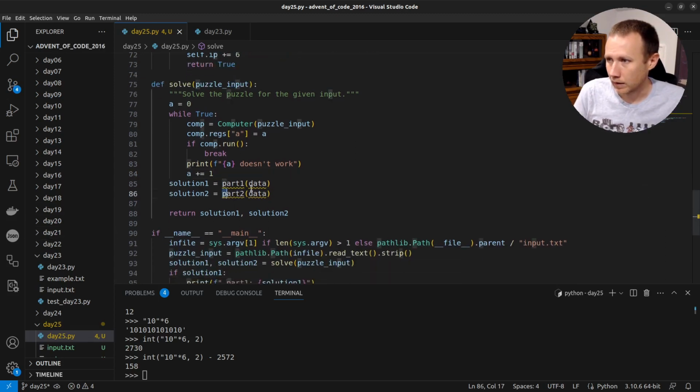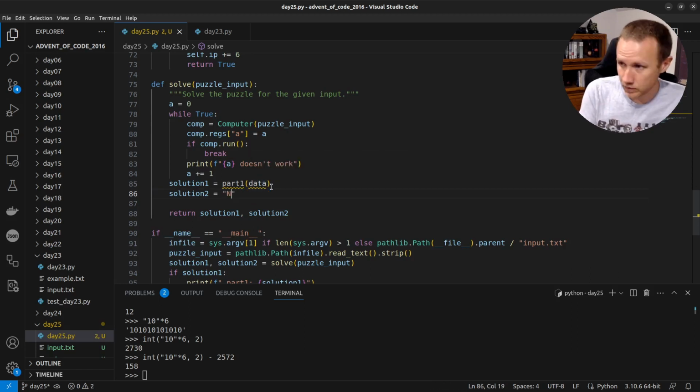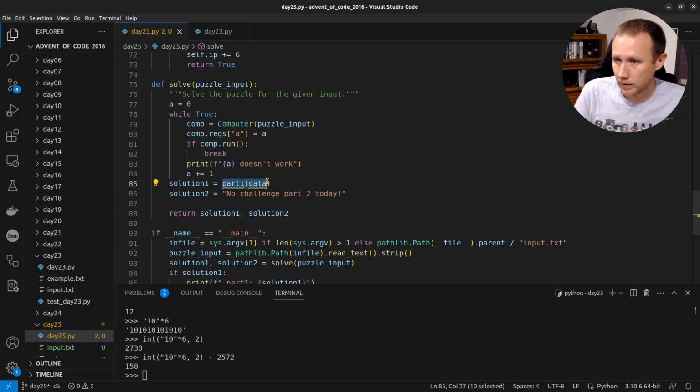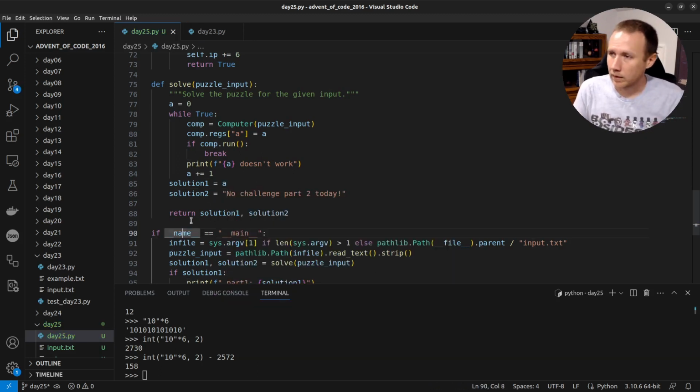Let's get a little bit confident here and say no challenge part 2 today. And part 1 is just going to be A. I think we may solve it right there. In fact, we can do some pretty printing here. We can reset our terminal so this will all print on the same line.